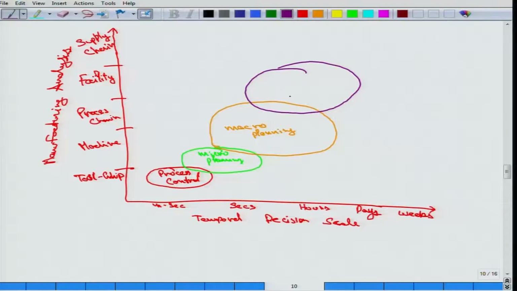So this is known as production planning. Production planning includes everything like planning, scheduling, implementing, routing, etc. in between.